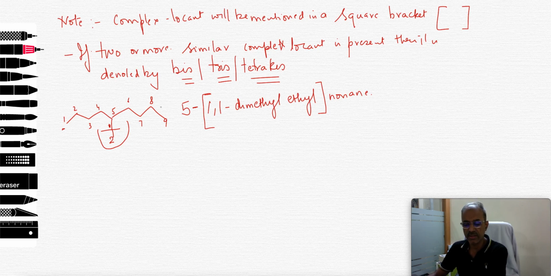Nonane. Fine. 5, 1,1 dimethyl ethyl, because inside the square bracket it will always be YL, because some of the other alkyl groups are only going to be present here. So don't by mistake write dimethyl ethane. It is not dimethyl ethane, it is a complex, therefore it will be ethyl. Dimethyl ethyl nonane. Fine?